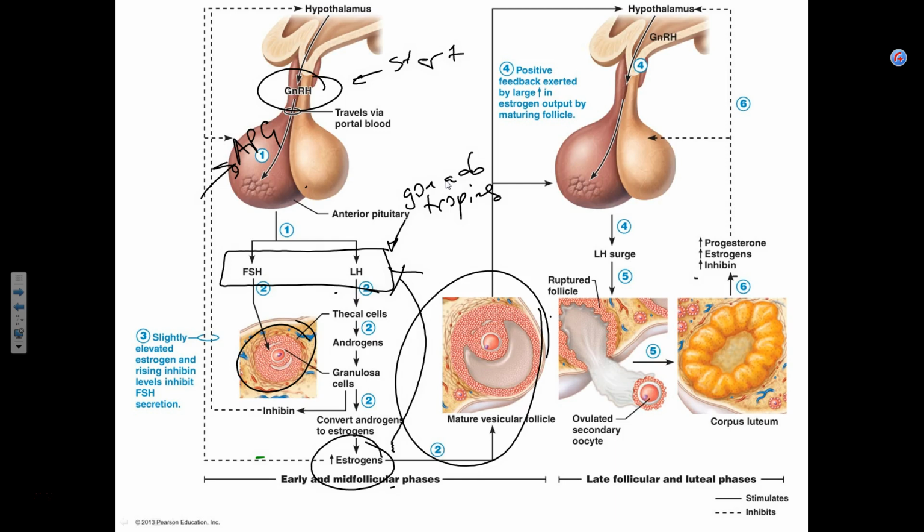The type of feedback, negative feedback, that's established between LH and estrogen switches to positive feedback. And rising levels of estrogen lead to rising levels of LH, luteinizing hormone.